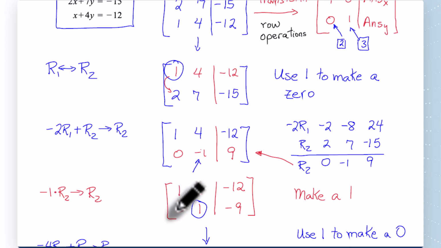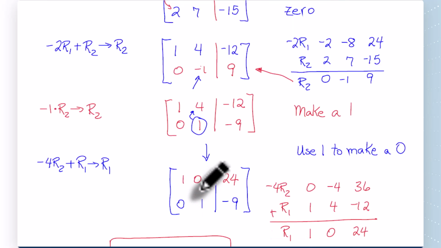1, 0, 1. I now need to use this 1 to make a 0 above it. All right, so let's see. I think minus 4. So I'm going to take minus 4 times row 2, add it to row 1, and I'm going to make a new row 1. Minus 4 multiplied all the way across row 2, I get 0, minus 4, and a plus 36.